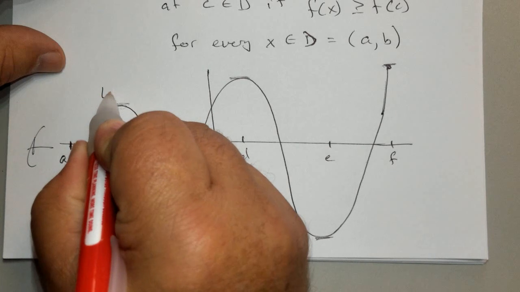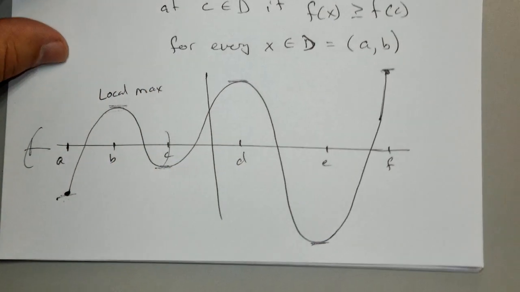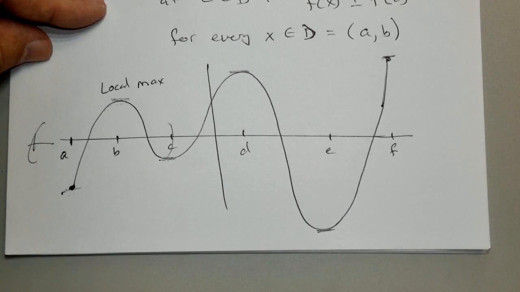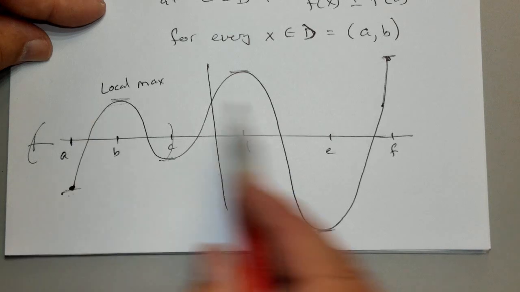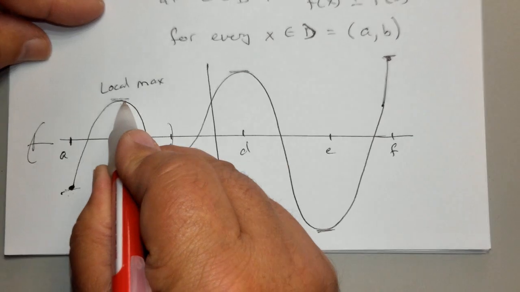So this is a local max. Why can it not be the absolute max? Because it's not the highest point. This point is higher than this point.